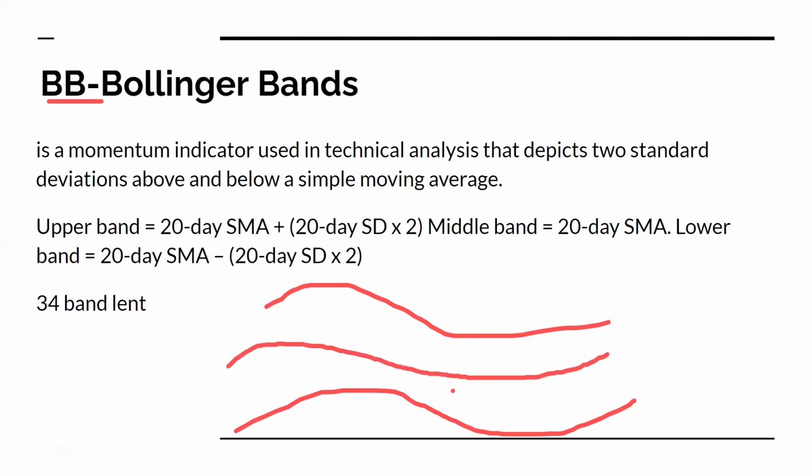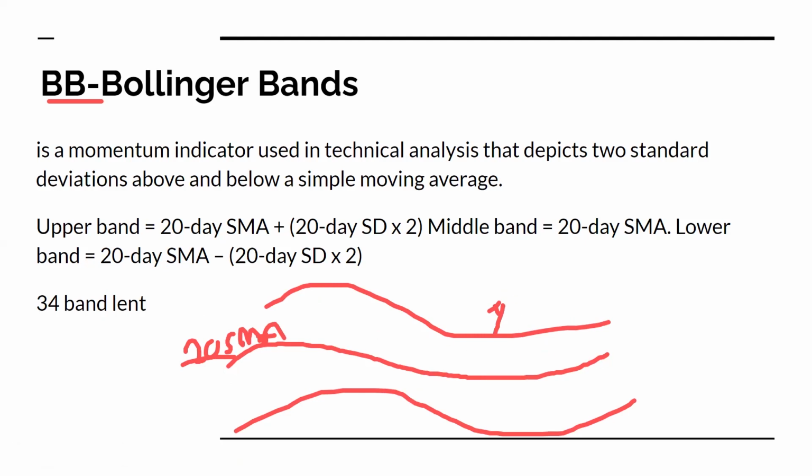So this upper band, how do we come up with it? Now this is a 20-day simple moving average. These are 20 candles. I don't know what day that is, but this is a 20 period moving average. Let's just take it like that.